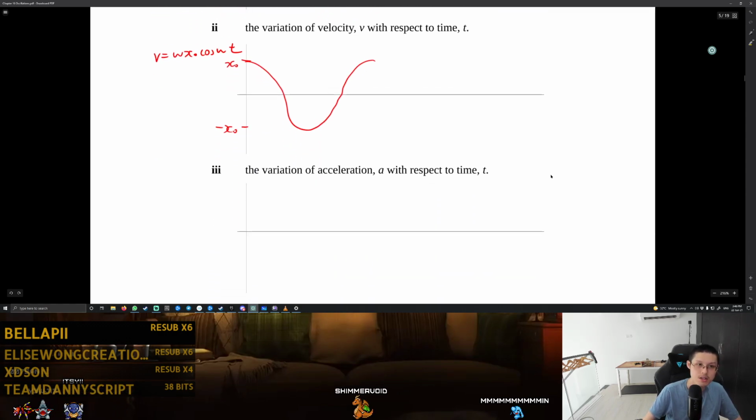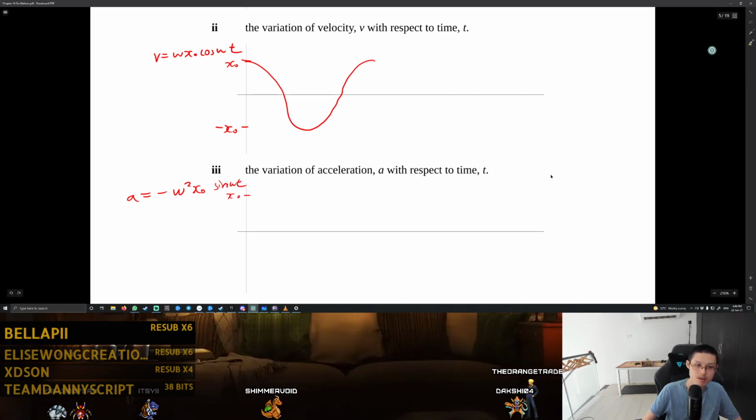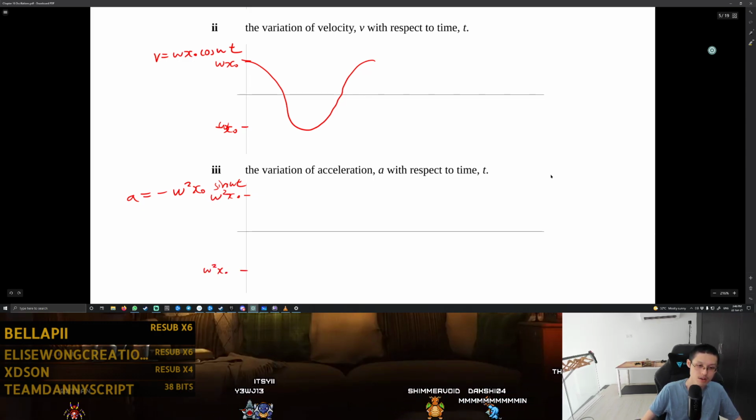And acceleration, you differentiate this guy, you get negative omega squared x naught sine omega t. So you're plotting a negative sine graph. Oh wait, this is actually omega x naught for velocity and omega squared x naught for acceleration.